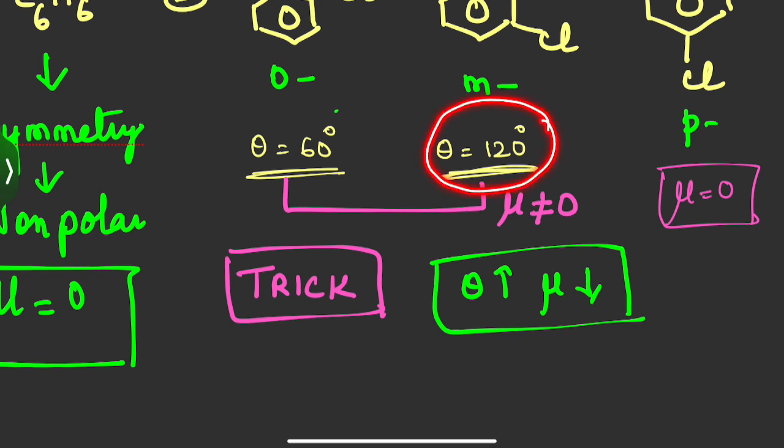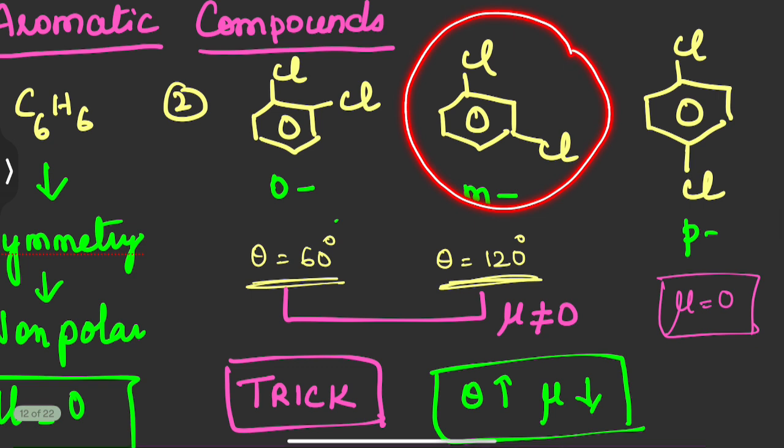See here, compare these two. Bond angle is more here. As bond angle increases, dipole moment will be less. Therefore dipole moment here it is less and here it is more.